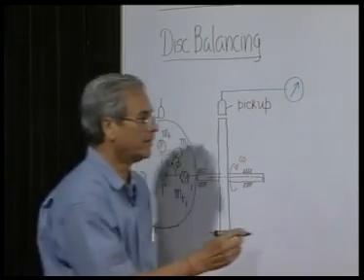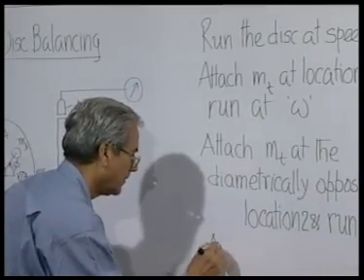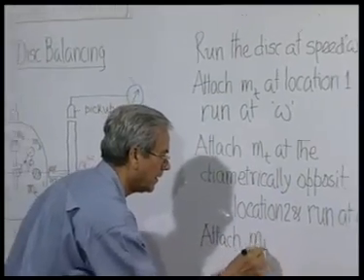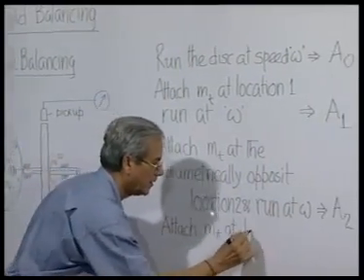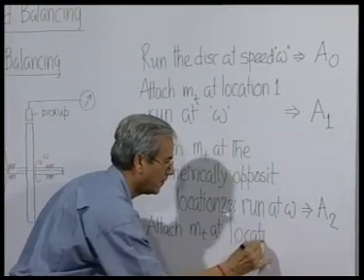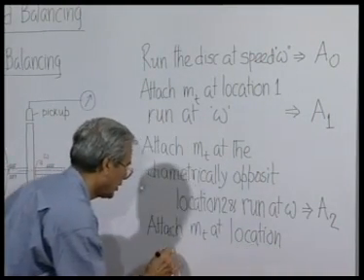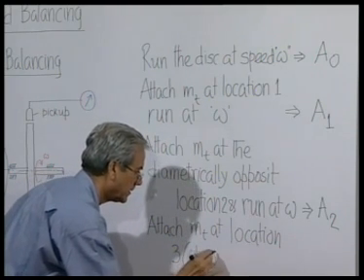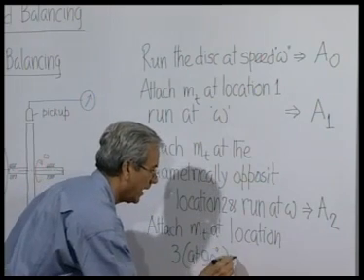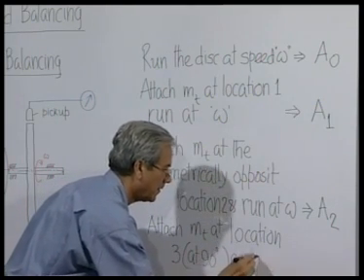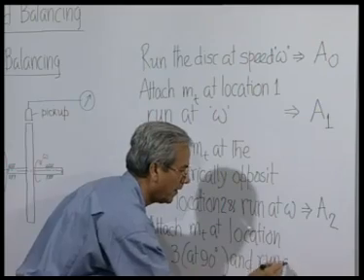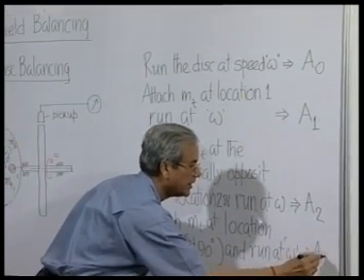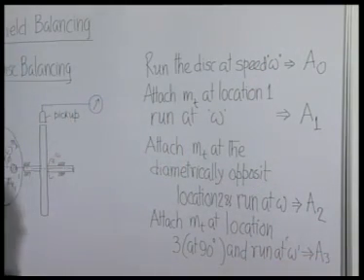And then attach MT at location 3, at 90 degrees, and run at omega, and now you get A3, the amplitude of vibration.